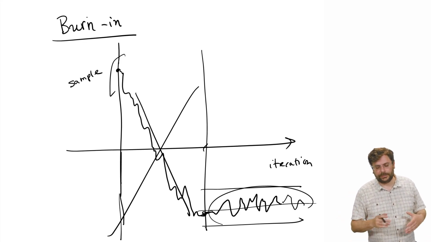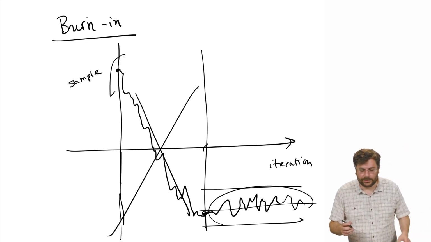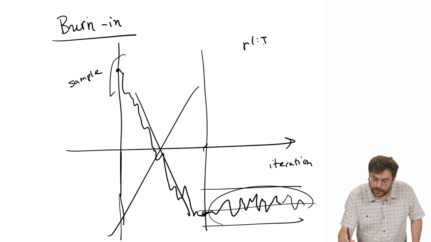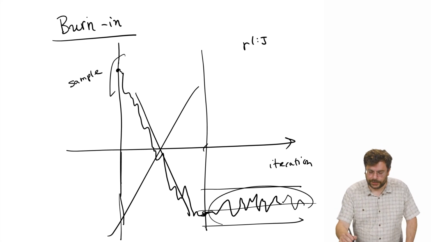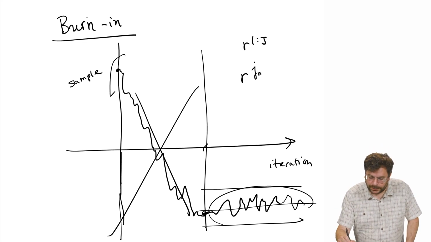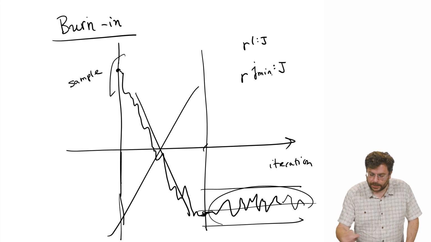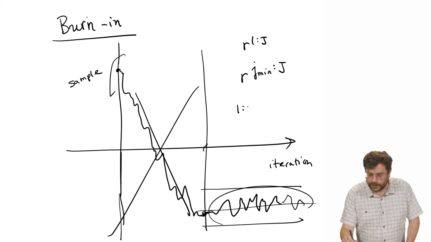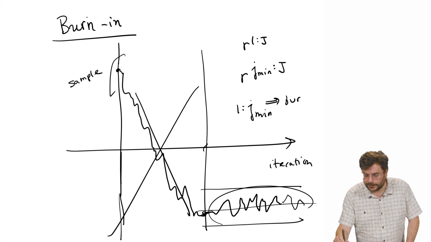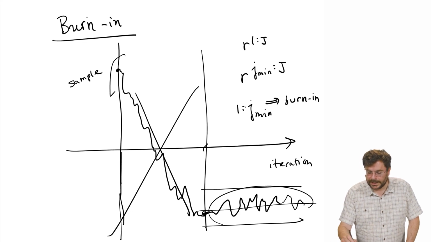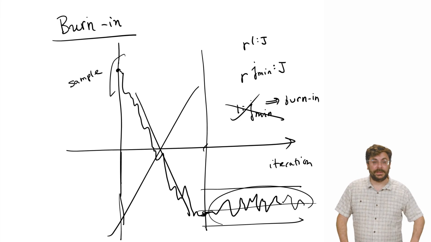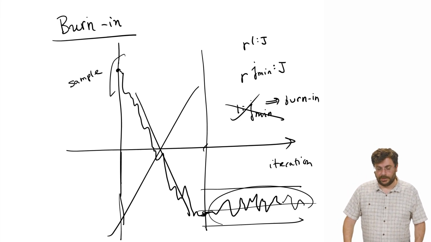So at the point at which you are drawing samples, R 1 to J, you can choose some J minimum, all the way to J, where 1 to J minimum you've considered burn-in. And those burn-in samples can be removed.